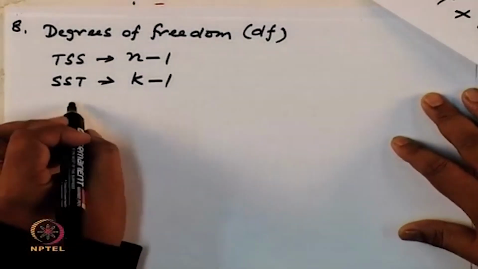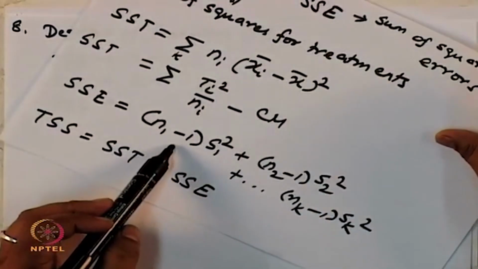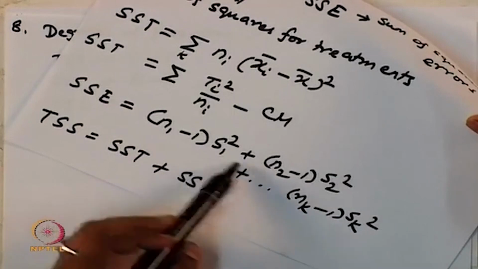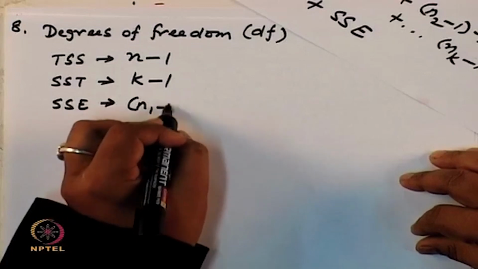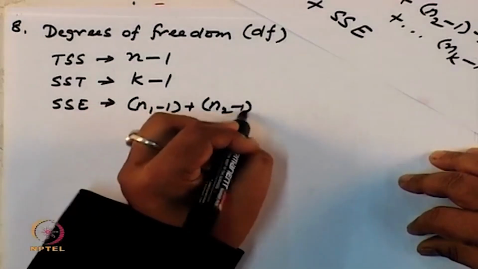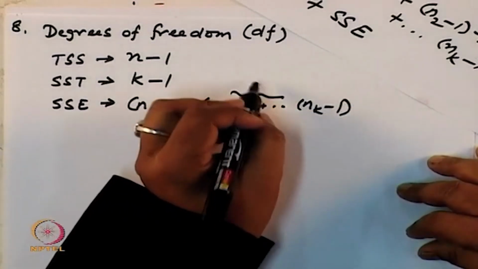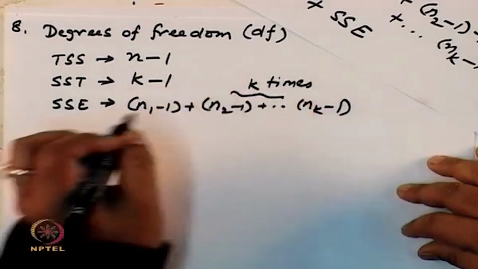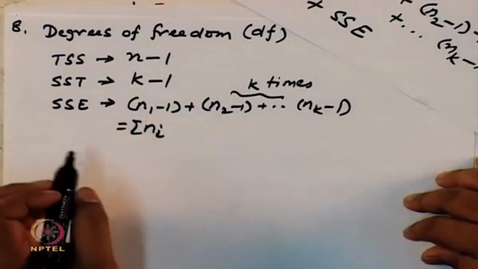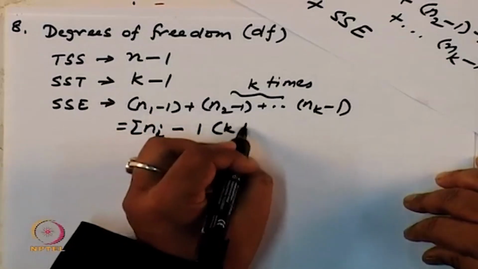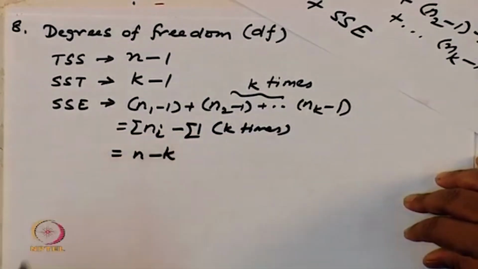For the errors SSE, you have n1 minus 1, plus n2 minus 1, plus and so on up to nk minus 1, which is k terms. So, you can simplify this to the summation of n_i, which is n, minus 1 summed k times, which is nothing but n minus k.